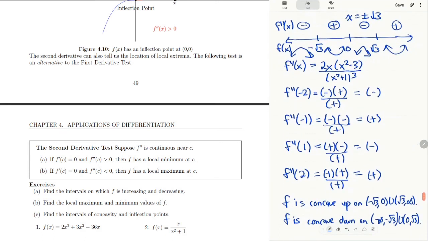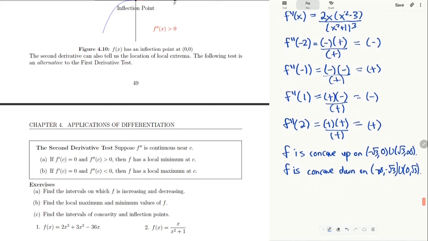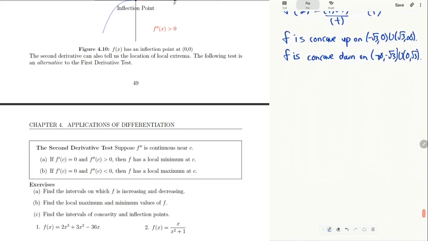So now let's look for inflection points. We see that the second derivative changes concavity at 3 different points. When x is negative root 3, when x is 0, and when x is root 3. So we have 3 inflection points, since the second derivative changes concavity at each of these points.